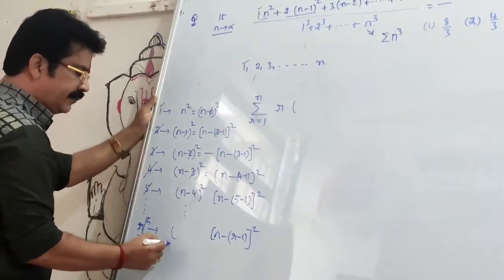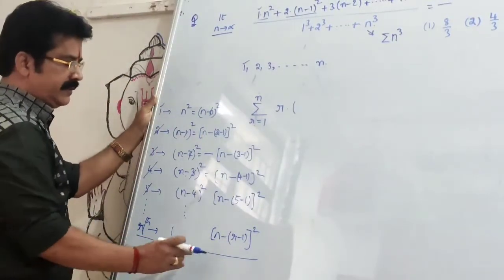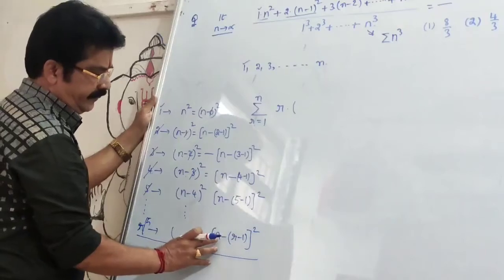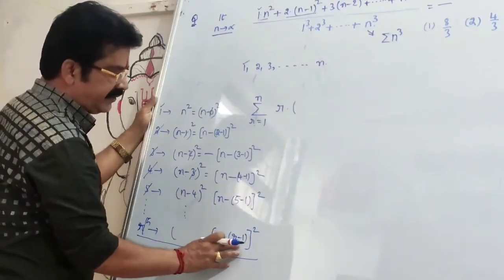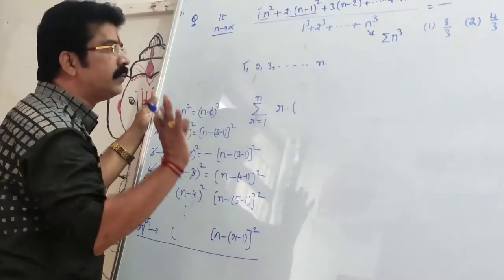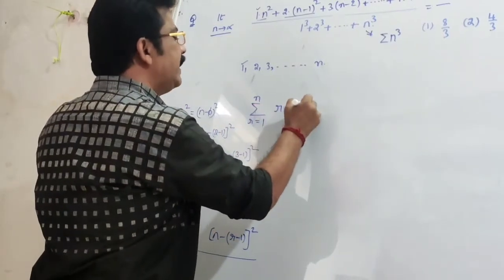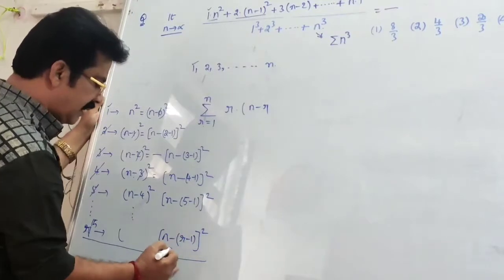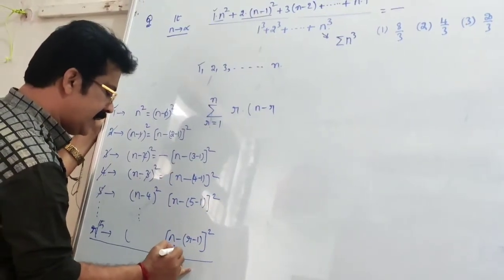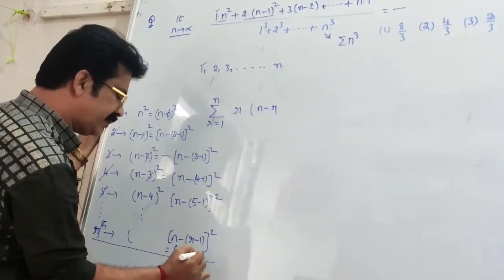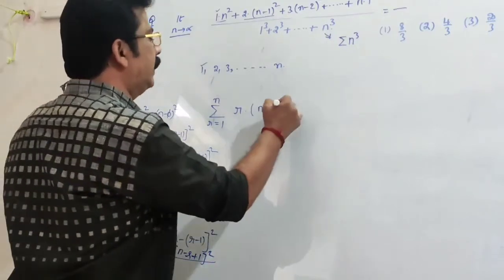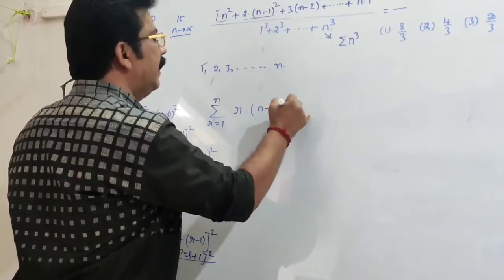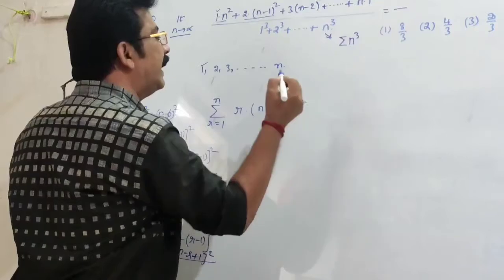Therefore it is enough to take the rth term. The rth term is similarly (n minus r minus 1) whole square. On simplification, it will be (n minus r plus 1) whole square.